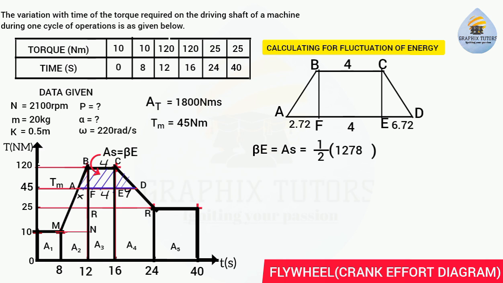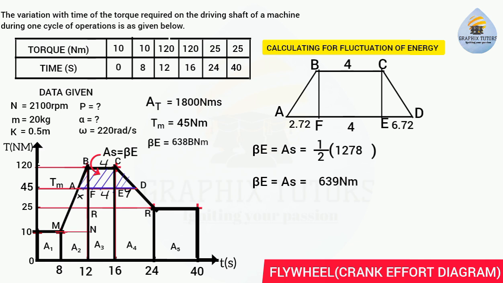So we say that the area of the shaded part is equal to the BE, that is the fluctuation of energy, which will now give us 639 Newton meters. That is what we have there. So from here, we've gotten our fluctuation of energy.